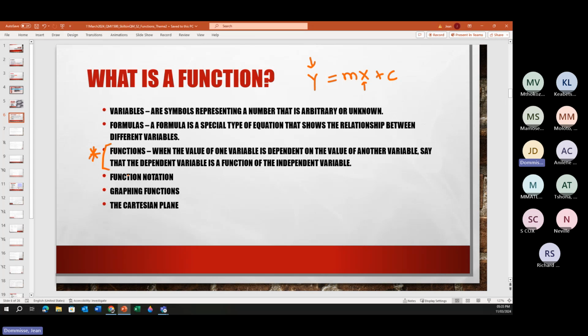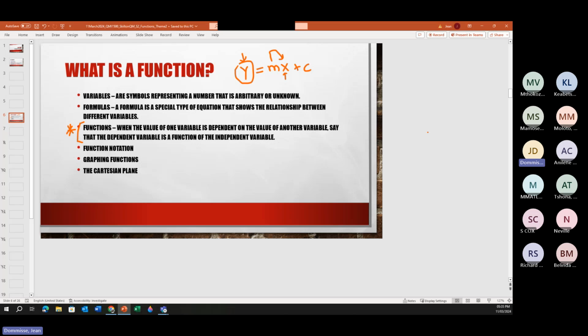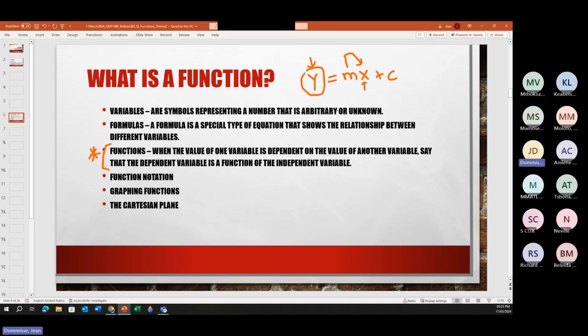Looking at this formula, the x will be your dependent and your y will be your independent variable.